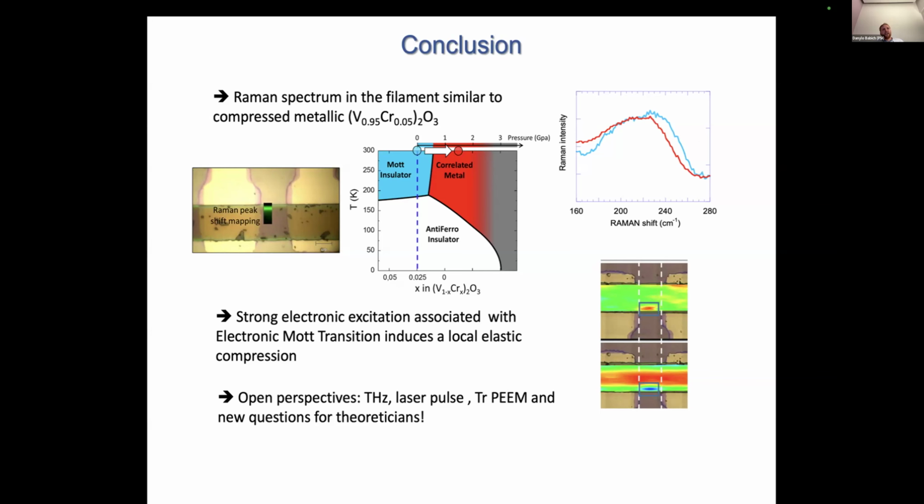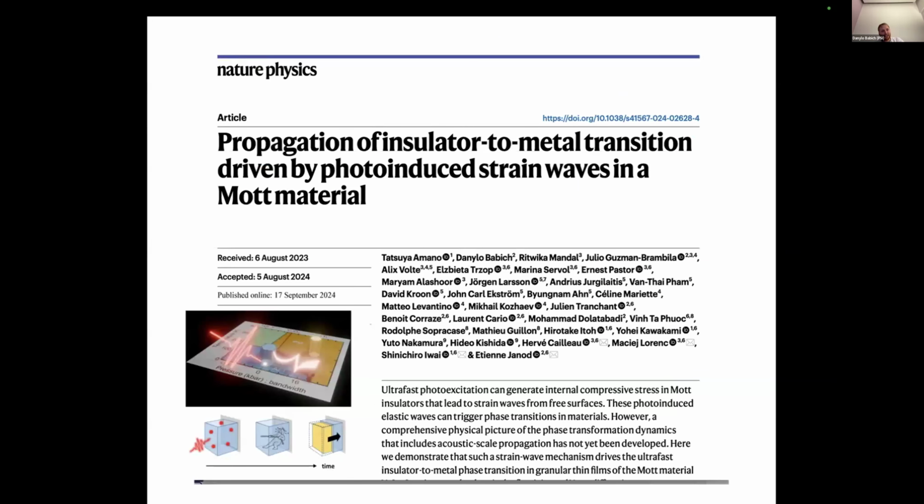Just to finish, I would like to show you the last paper, published one month ago by my former group, in which I was also performing these studies. We tried to do exactly the same, but by photoexcitation, and we succeeded in inducing a volume drop by applying an ultrafast laser pulse to the Mott insulator.